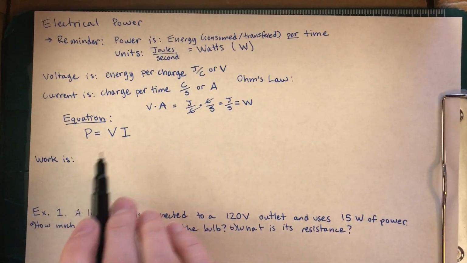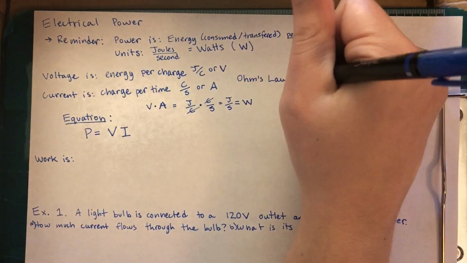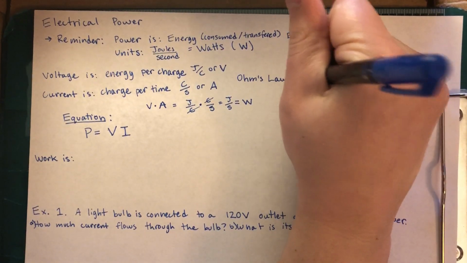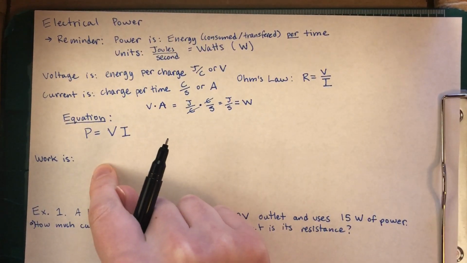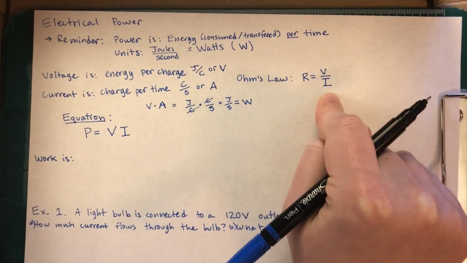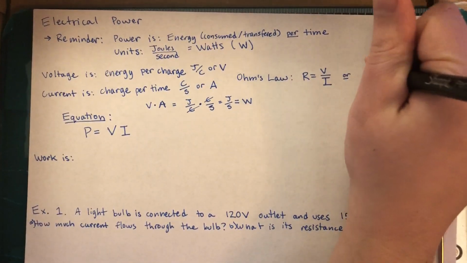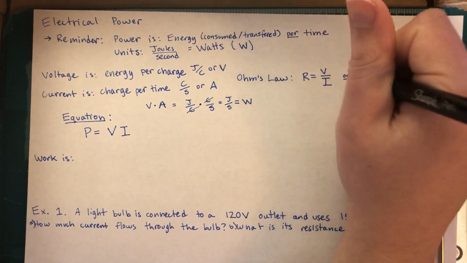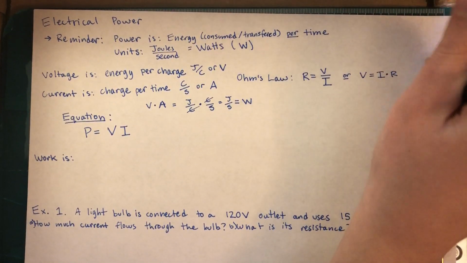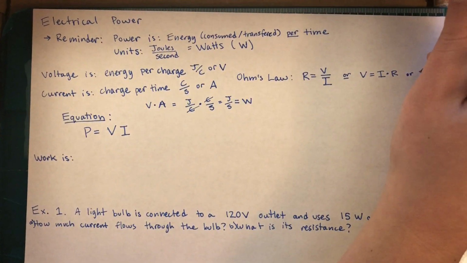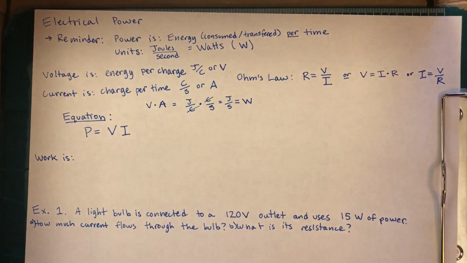Okay, this is not the only equation for power though. We can use this equation together with Ohm's law to write it in a few different forms. So Ohm's law is R equals V over I. We already did this before, where you can write any one of these three variables by itself, V equals I times R, or I equals V over R. Is that off the screen?